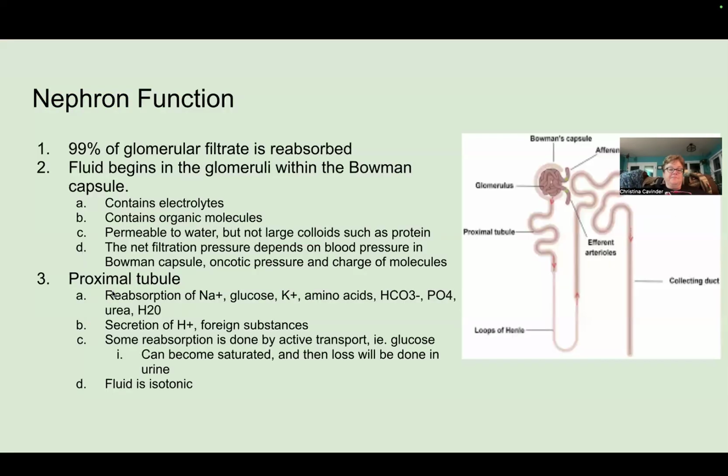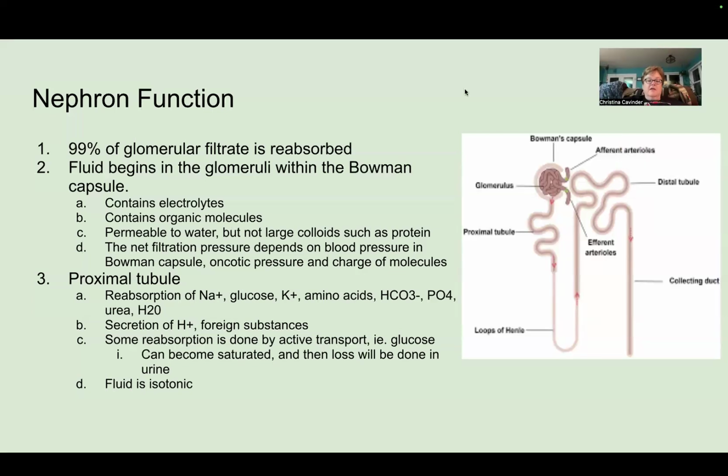So to know what the nephron function is like, 99% of the glomerular filtrate is reabsorbed. So most of what goes into the nephron is pulled back out if the body needs it.